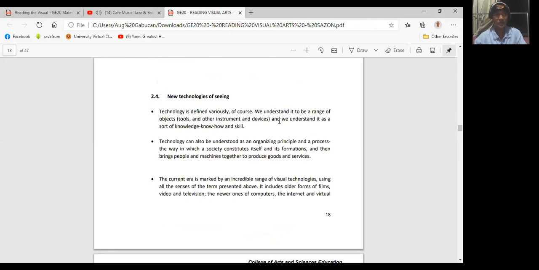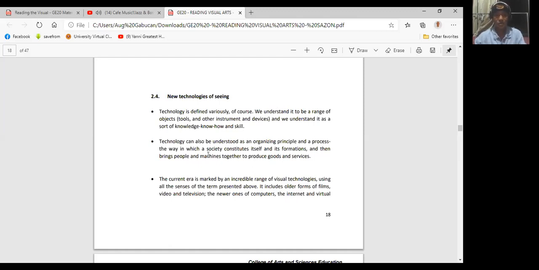But sometimes we think that this technology begins with us, but going back, you will be surprised to know that during the Renaissance time or even before that, artists are already employing those kinds of tools. Not of course in an advanced way, but the principle behind it is still the same.